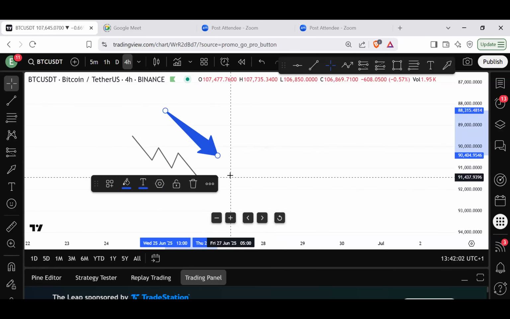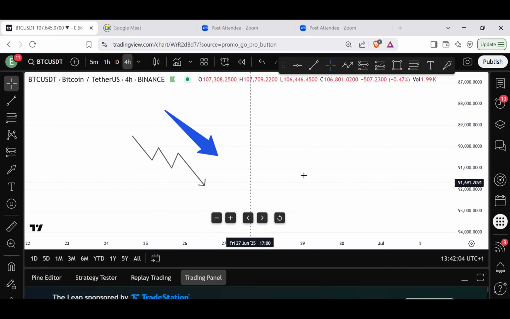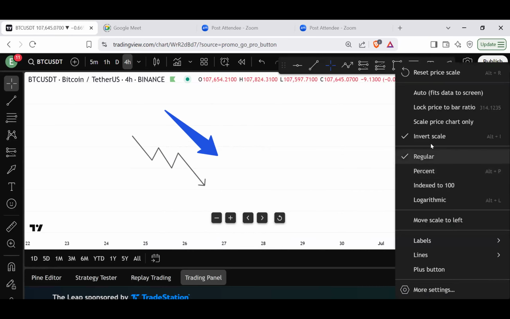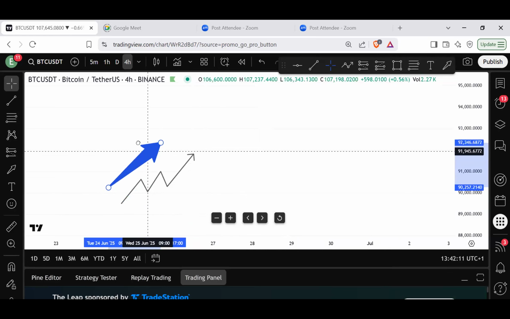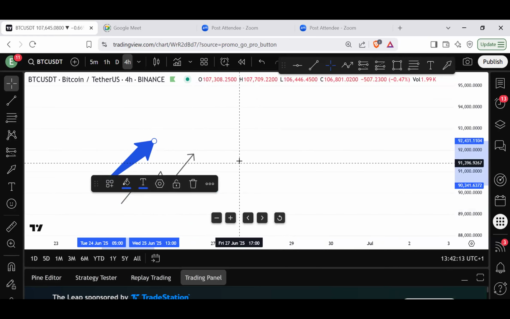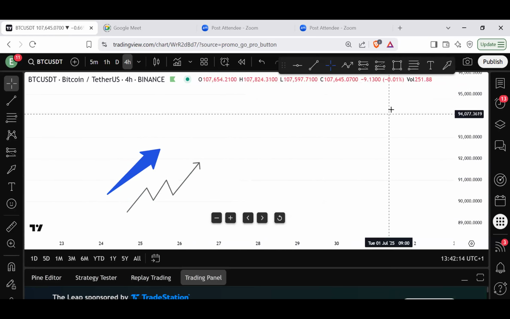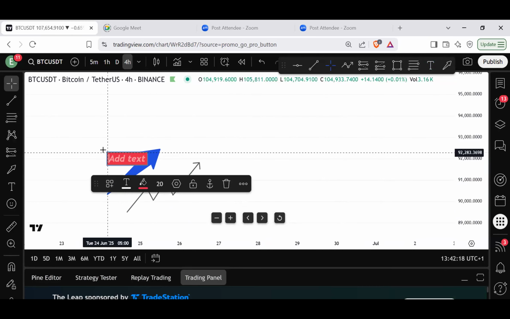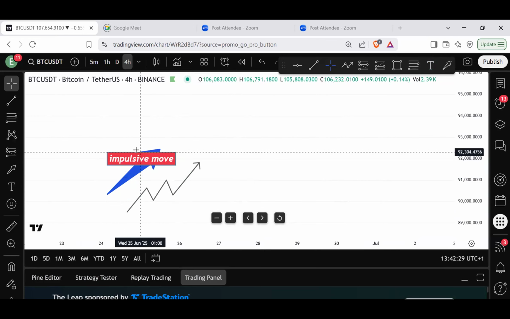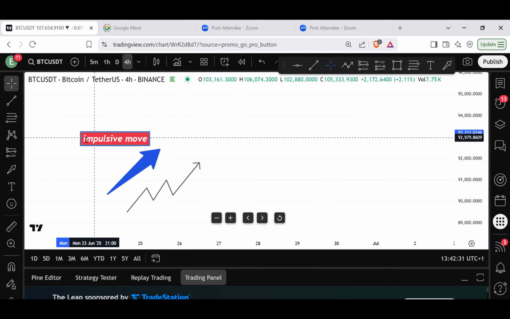It can be a downtrend. Let's say we are using an uptrend. So you've learned how to identify the impulsive move. Let me write. Okay, so that one is done.